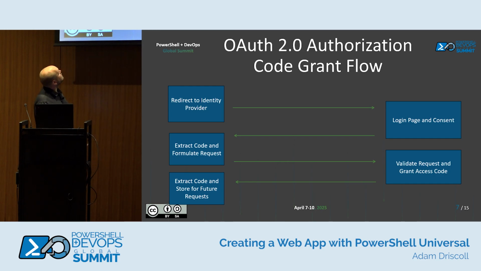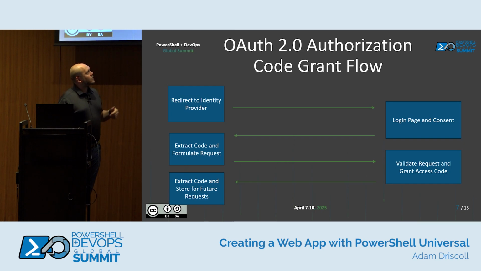And the way it works is we redirect to the identity provider from our web app. And that requires us to create a special URL that contains a bunch of information about where we're coming from, where we want to come back to, who we are, and what we're trying to do. So effectively, that URL will take us to the login page inside Entra ID, and it will allow the user to log in and then consent to the scope that we are requesting.